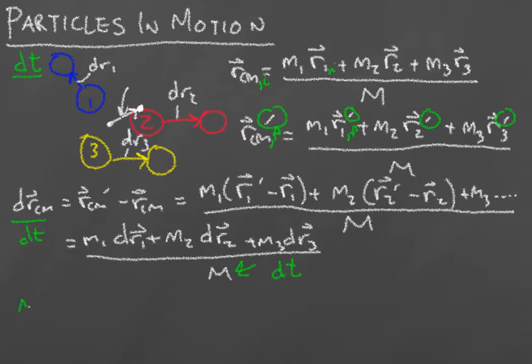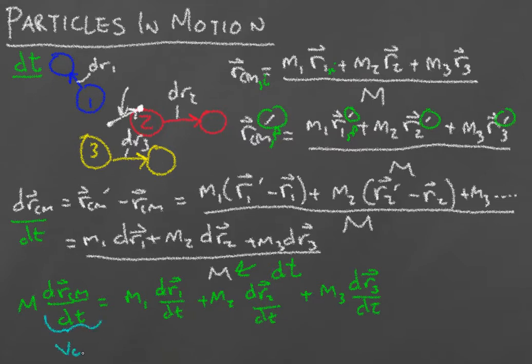So now we say that m drcm dt is equal to m1 dr1 dt plus m2 dr2 dt plus m3 dr3 dt. Well, this should look familiar. This is the velocity of the center of mass.